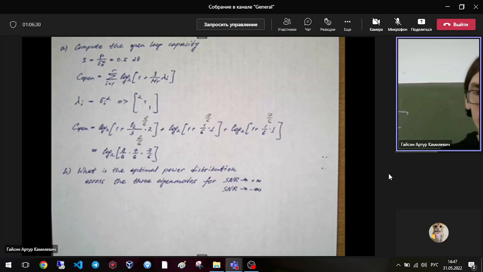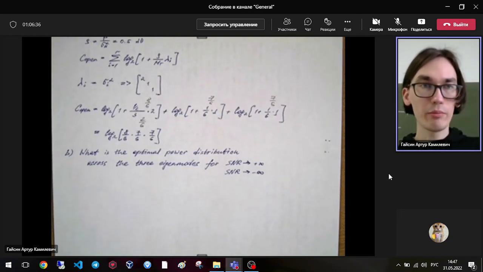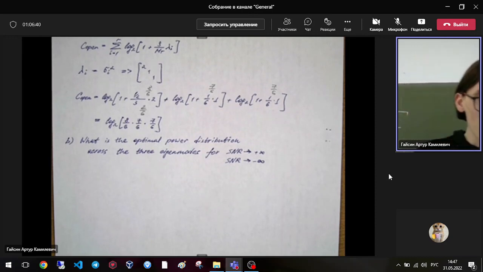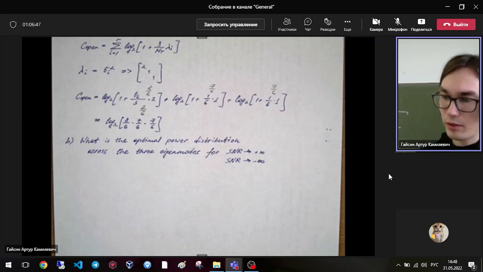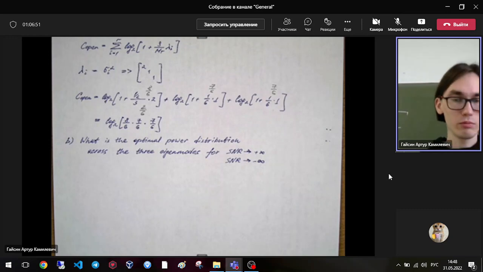And of course, here you should remember this water level equation for water pouring. So you can see here we talk about optimal power distribution. So we can say that we know the channel state information at the transmitter.